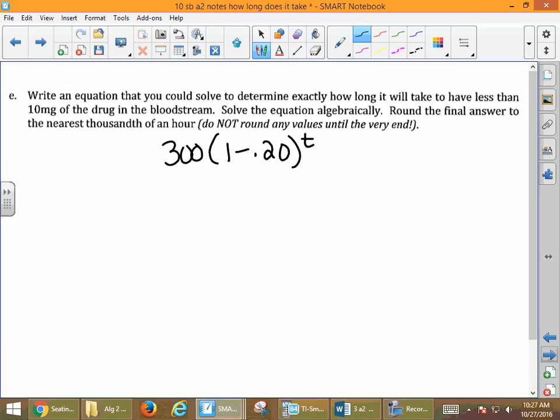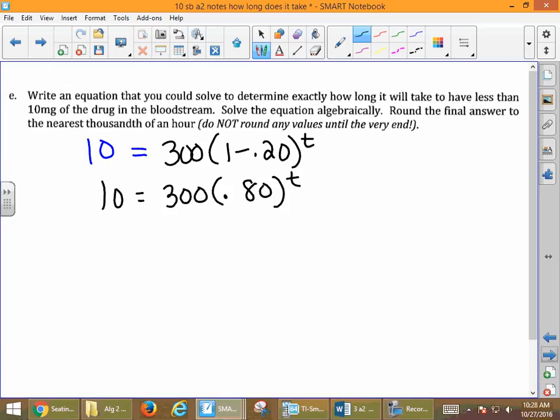And what I'm going to say is let's start with it equals 10. Well, when we do this here, we can simplify our function just a little bit. 10 equals 300. 1 minus 20% is 80%. So I just did 1 minus 0.20 to get the 0.8. So we have a 20% decrease.